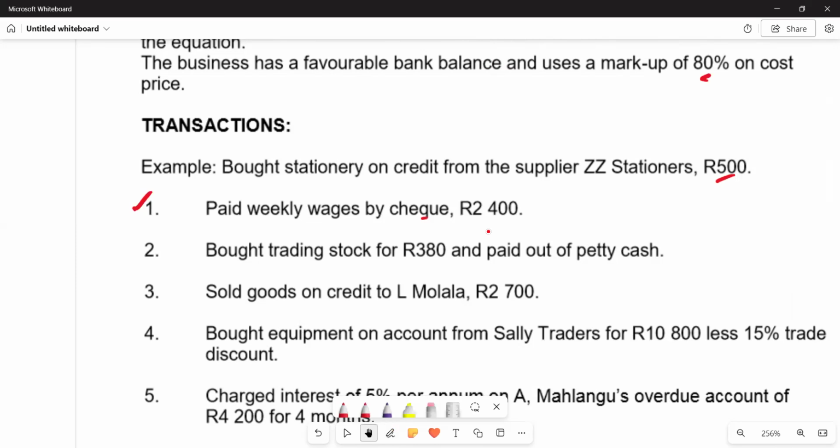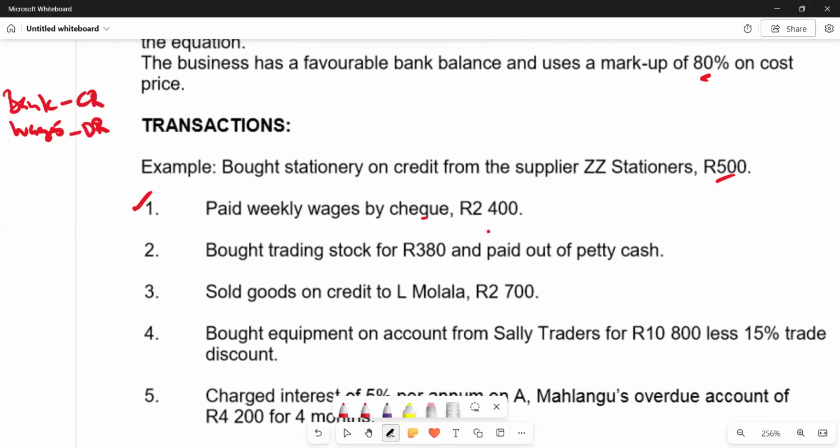Whenever we have a check, we are going to open a bank account. So we are going to have our bank, and also we are paying wages, so we are also going to have our wages account. Money is moving out in the form of bank, so we credit the giver, we credit our bank. And wages we debit.